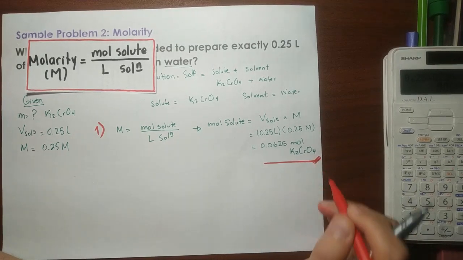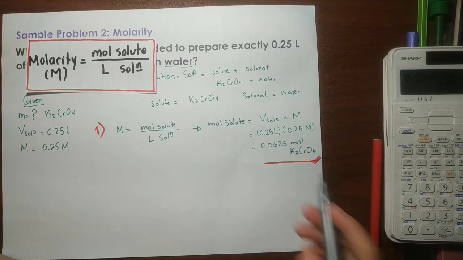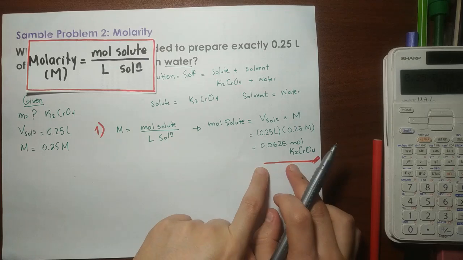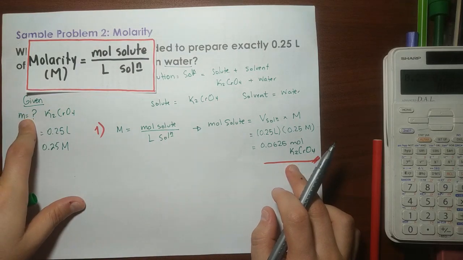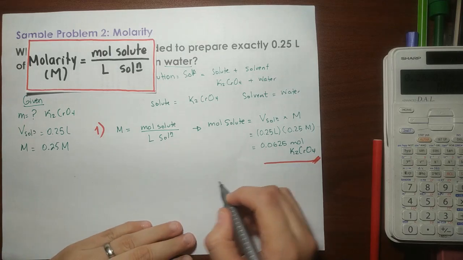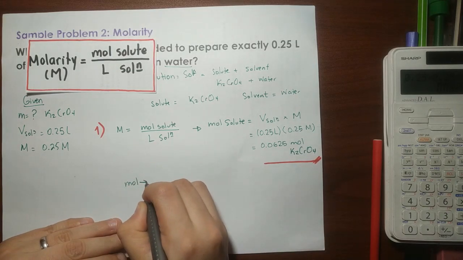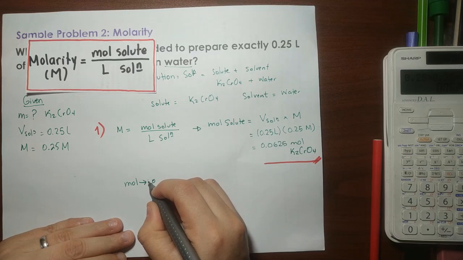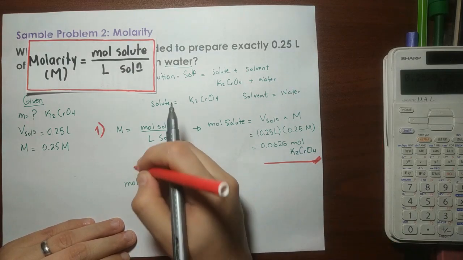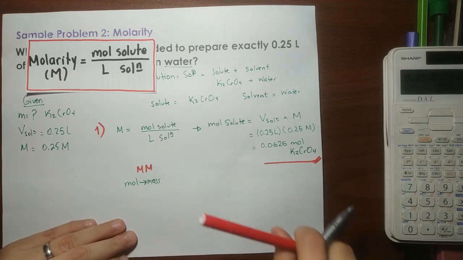Okay, I have my number of moles, but I don't need moles, I need mass. So I'm going to convert from number of moles to mass. How? What relates moles and mass? If I have moles and I want mass, I need the molar mass.